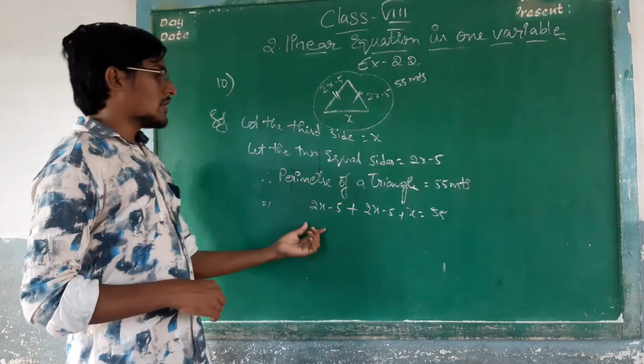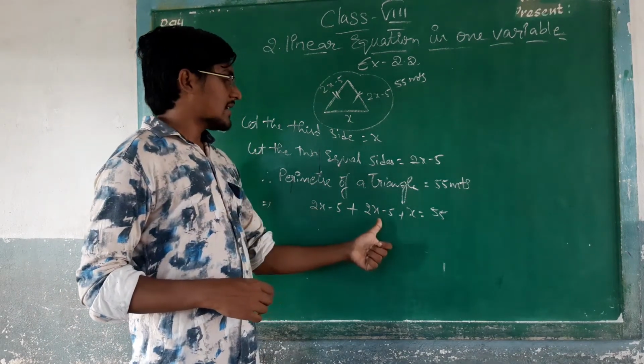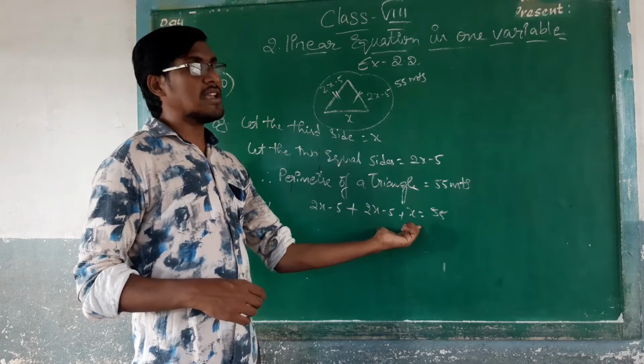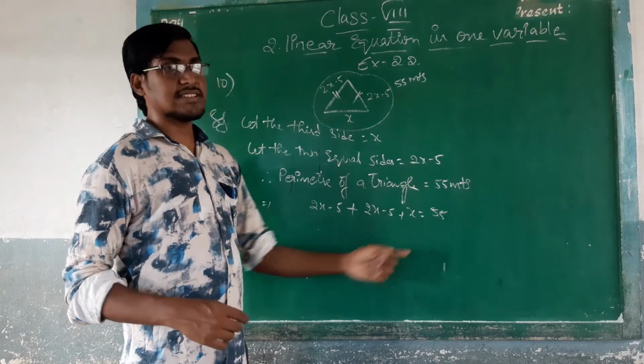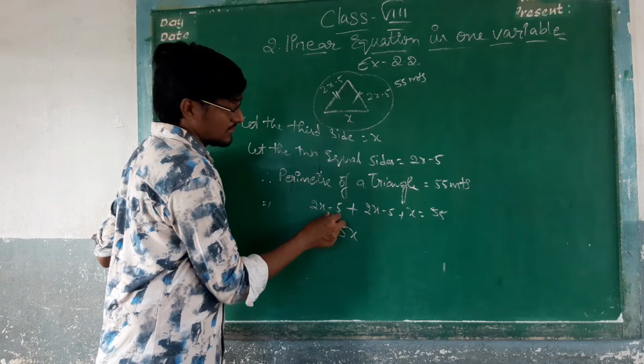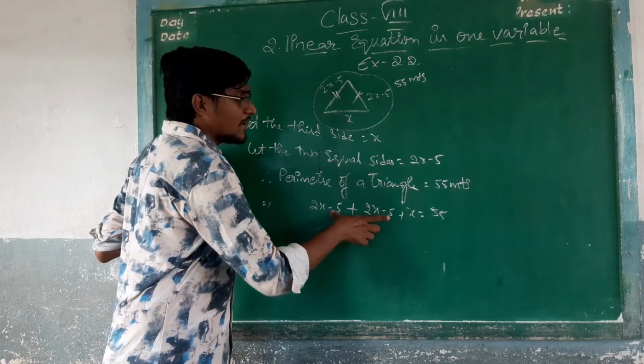So we have to add the variables here. 2x and here also 2x, plus 2x is 4x, and another variable, that is x. 4x plus x is 5x, and here the constants are minus 5 and minus 5.